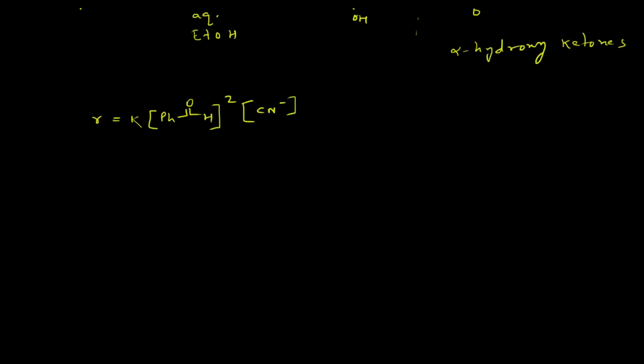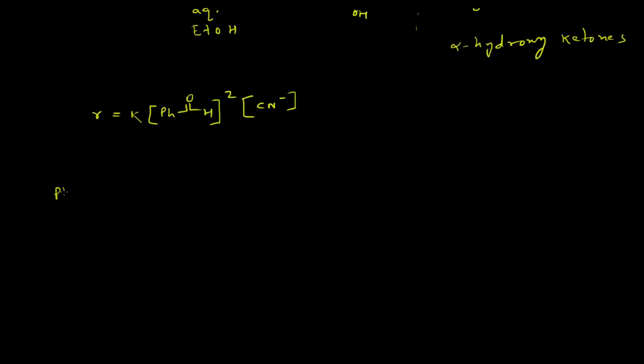So if you go into the mechanism, the first step is essentially the attack by the cyanide ion as a nucleophile on the carbonyl carbon center of this benzaldehyde.